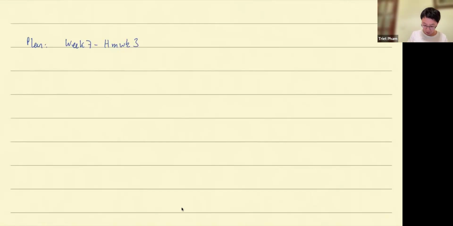And then we'll look at conditional expectation. And then we'll look at the law of large numbers and central limit theorem.